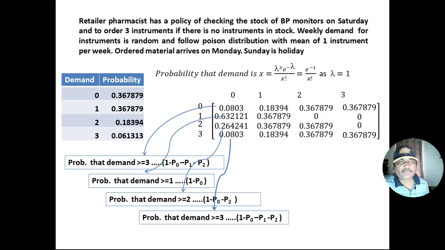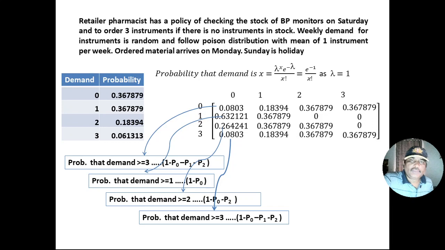The weekly demand for the instrument is random and follows a Poisson distribution with a mean of one instrument per week. Ordered material arrives on Monday. On Saturday he will be placing the order, and the ordered material will arrive on Monday. Sunday is a holiday.